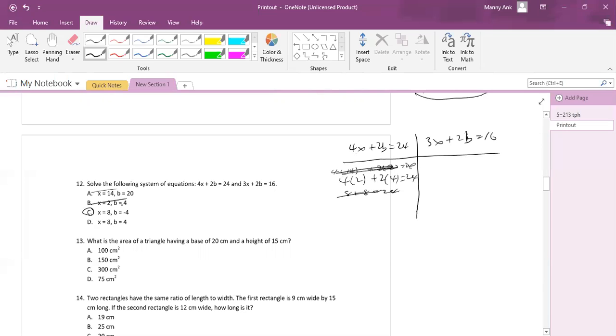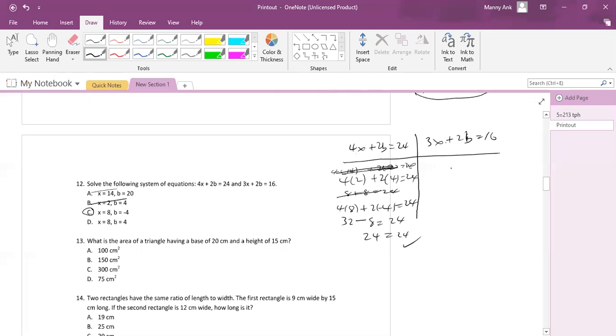If you try C, then you're going to realize that that is correct. 4 times 8 plus 2 times negative 4 should be equal to 24. This is 32 minus 8. Is it 24? Yes, 24 is equal to 24. So this is correct. The same thing should satisfy the second equation.